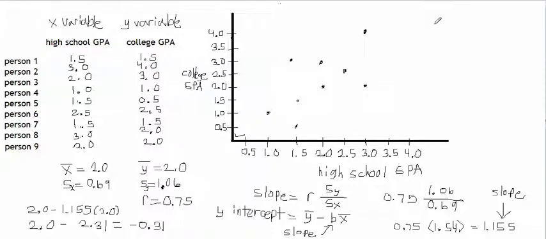So if we go y equals 0.5, no, we have to have our slope, which was 1.55 times 0.5, which is x, and then our y-intercept at the end, which was a negative 0.31.